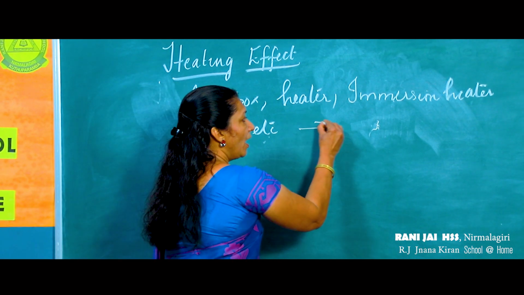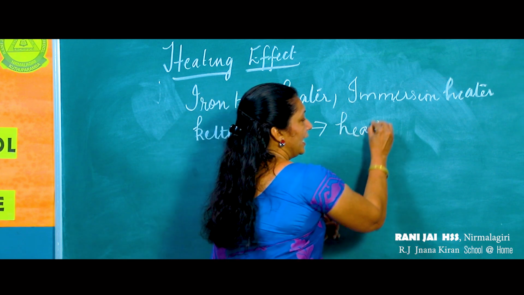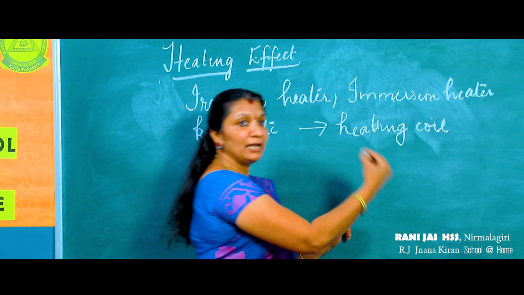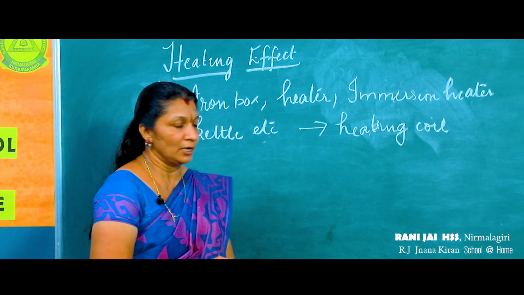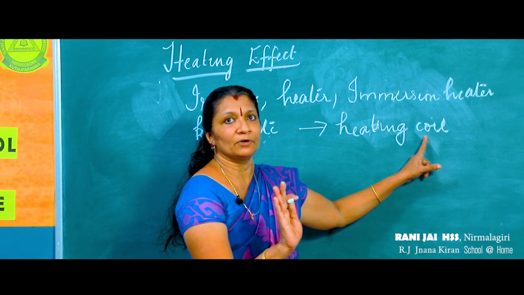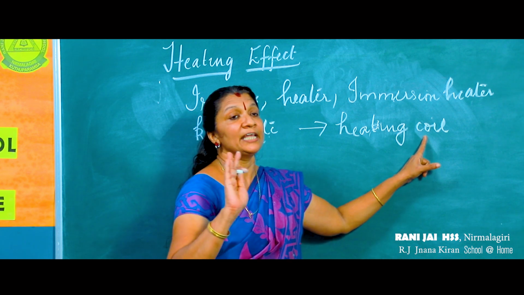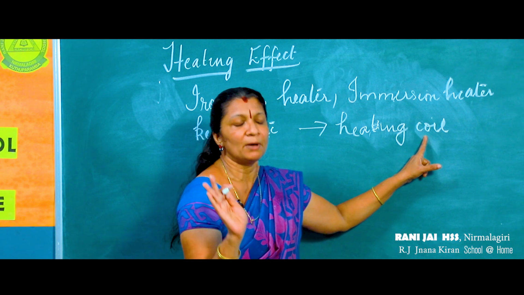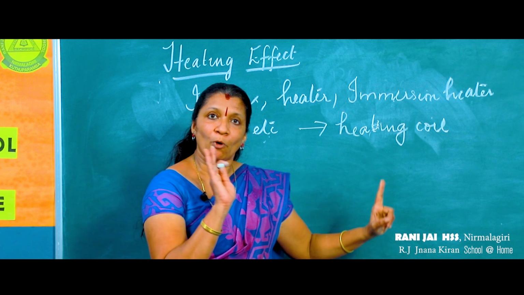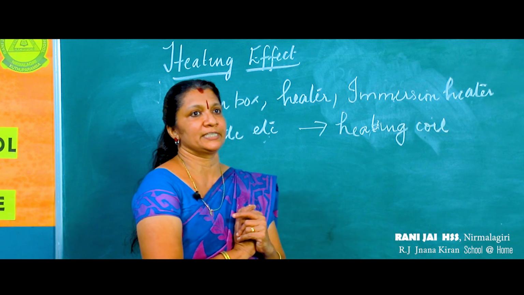The main part present here is called the heating coil or the heating filament. The heating coil should convert electrical energy and produce the maximum amount of heat. So, let us see what the peculiarities of this heating coil are.